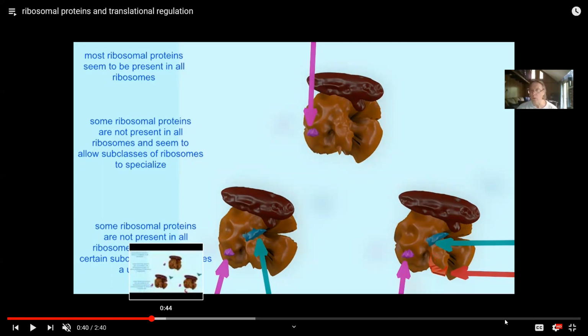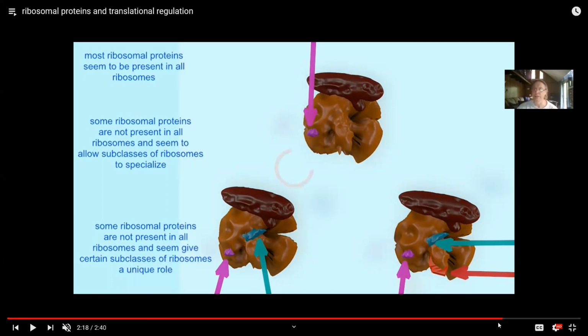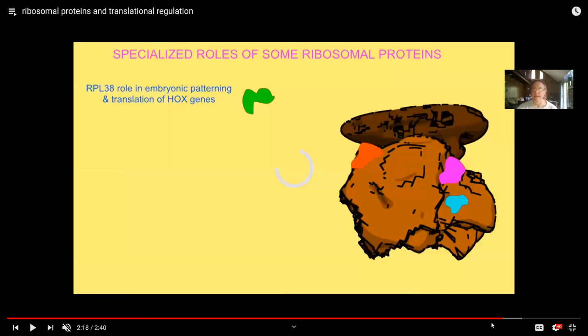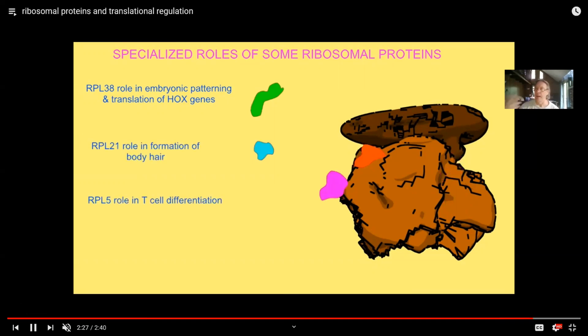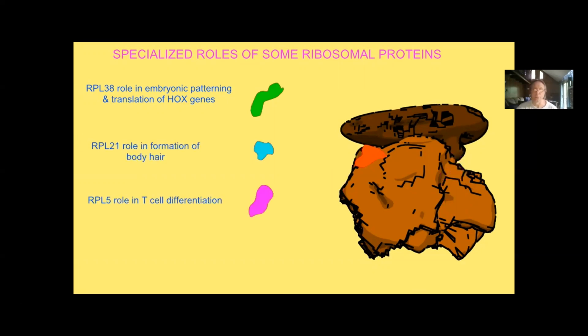And so when we talk about the regulation of genes, one of the ways that we can regulate genes is by changing the proteins involved in the ribosomes. So for example, during embryonic development, if you wanted to translate the HOX genes, that is apparently preferentially done with ribosomes which have different proteins than a regular old ribosome, which is translating other proteins.